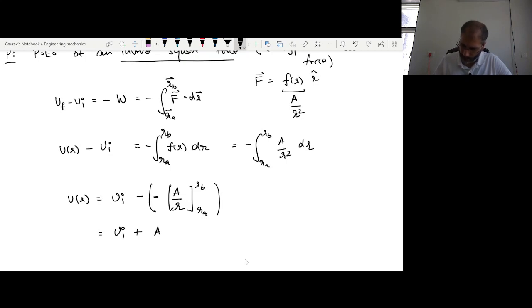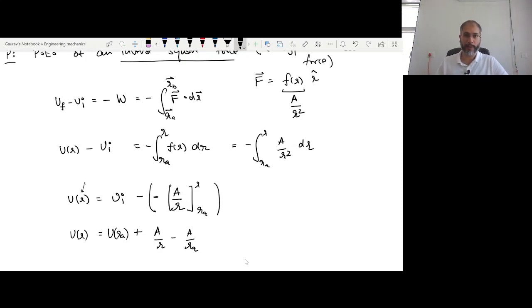I'm sorry, we're doing it from some position A to a general position R, okay, because that is what we have been using here. So this becomes 1 upon A upon R minus A upon RA. So we'll call ui as nothing but u at a known position RA. So this is our u as a function of r.